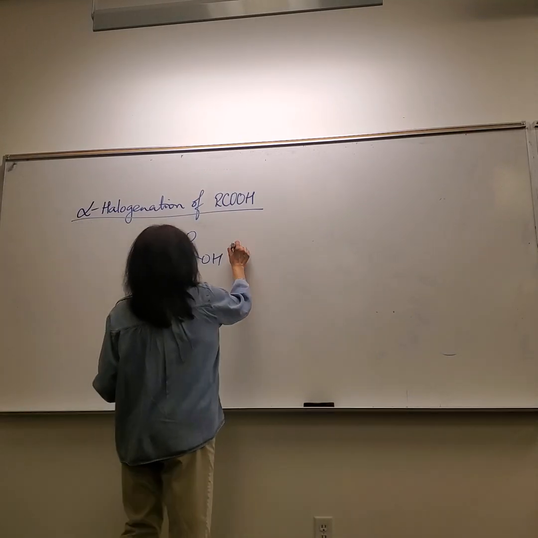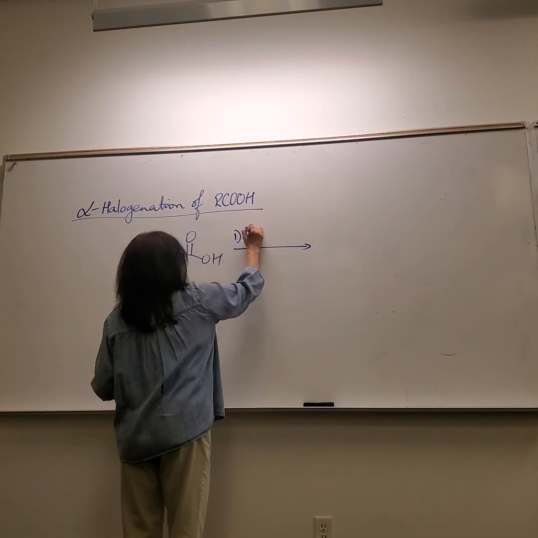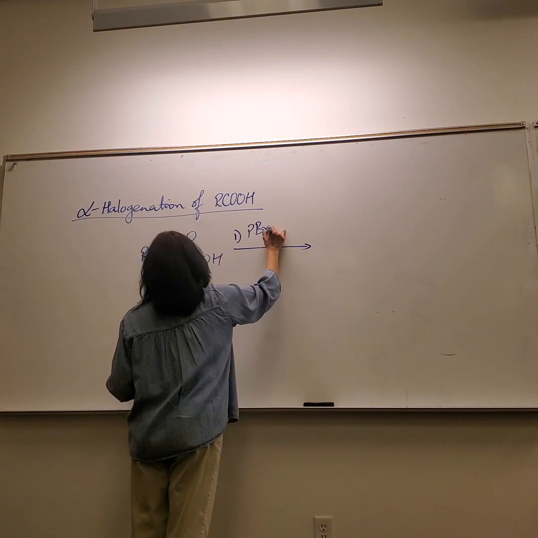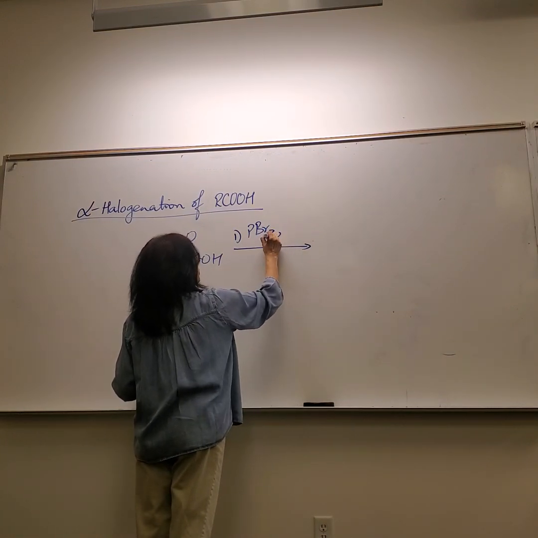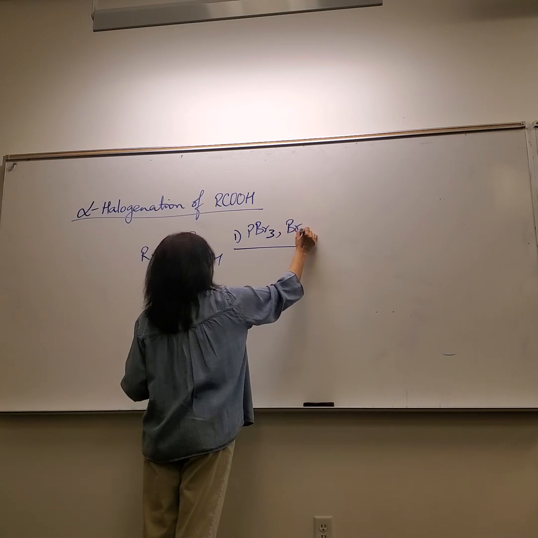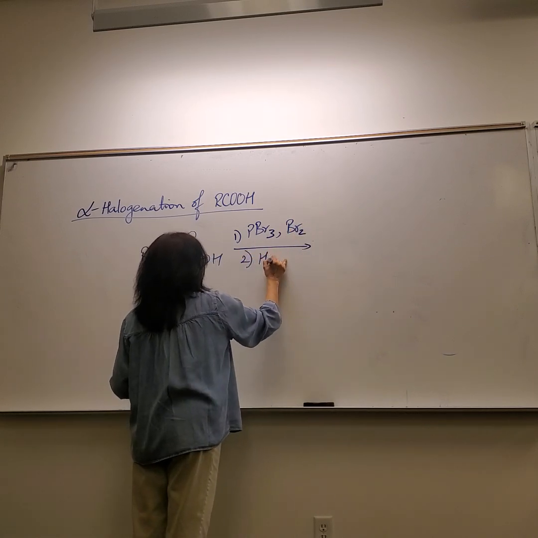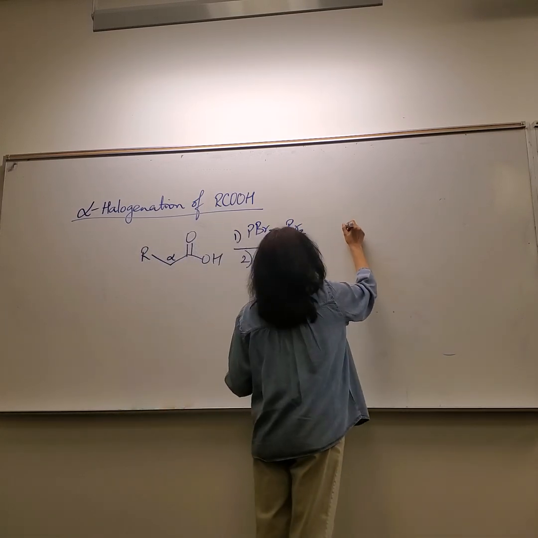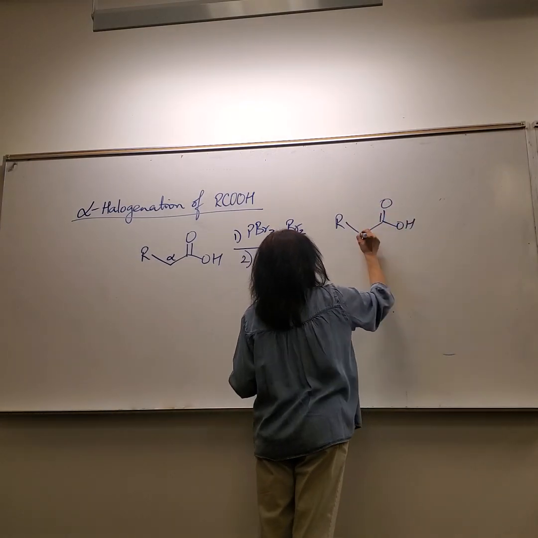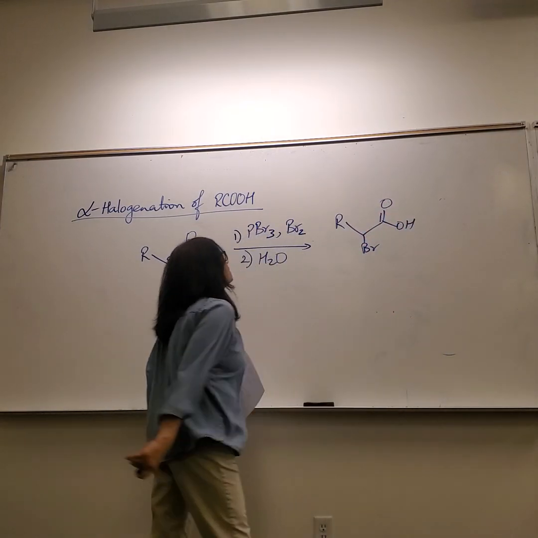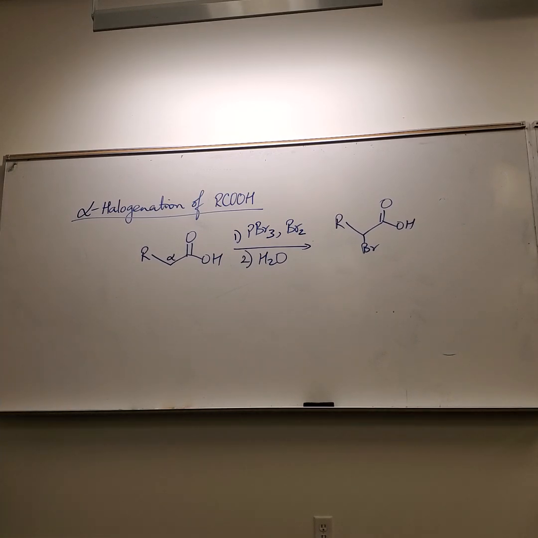It can be reacted in 2 steps, one with PBr3, that's a 3, sorry, with bromine, and then hydrolysis of the intermediate product, and it creates an alpha bromo product.